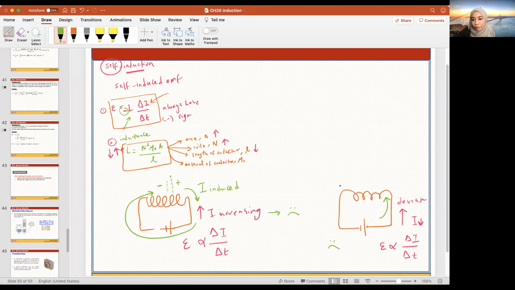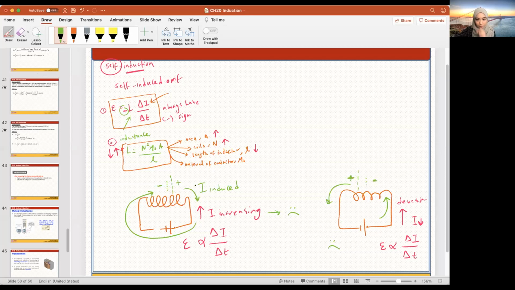If I'm flowing this way, I can say that my positive is over here. I should label it with a dash. And this is my negative, positive. Actually, if you just label the dash without putting in the positive and negative, it's already understood as a positive and negative. But I'm just labeling it here for you to be clear.